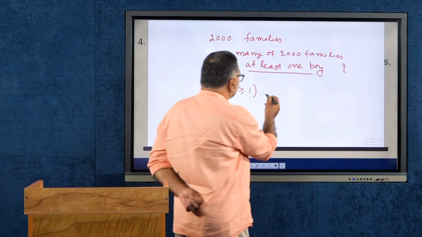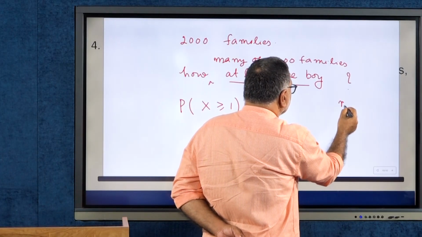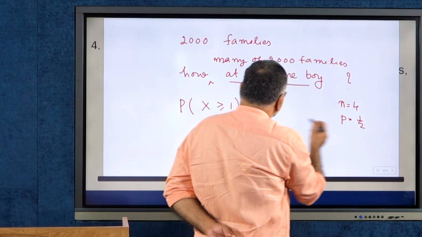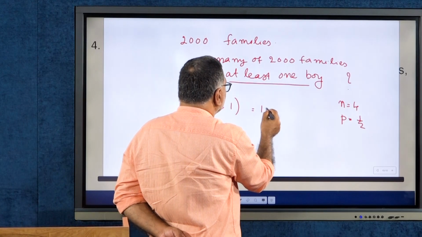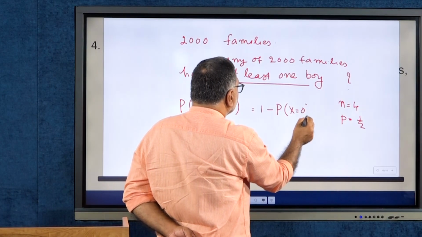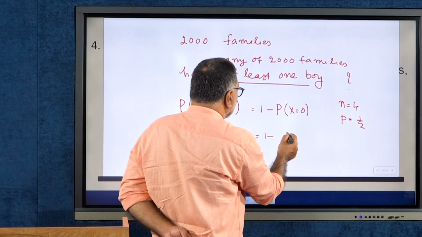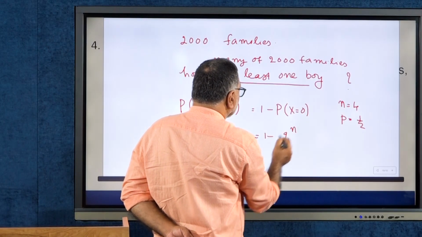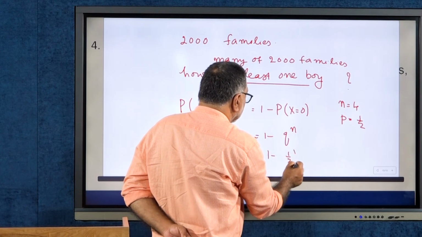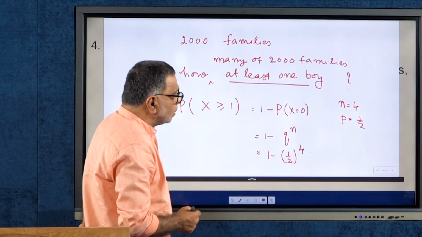How do you find this? We have n equal to 4 and p equal to 1 by 2. X greater than or equal to 1 means you take the complement: 1 minus the probability of x equal to 0, which is 1 minus q to the power n, that is 1 minus (1 by 2) to the power 4.